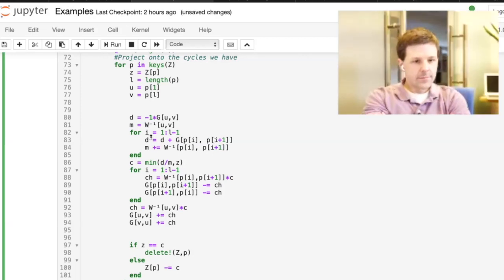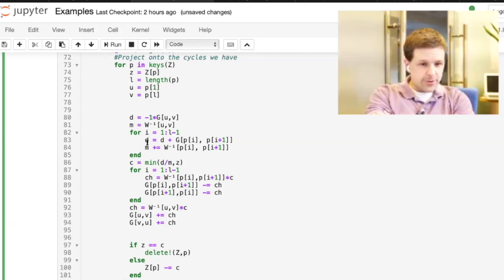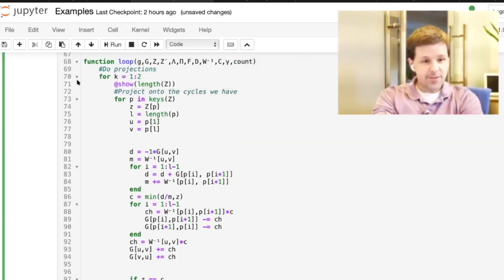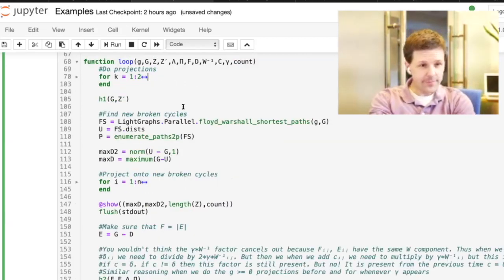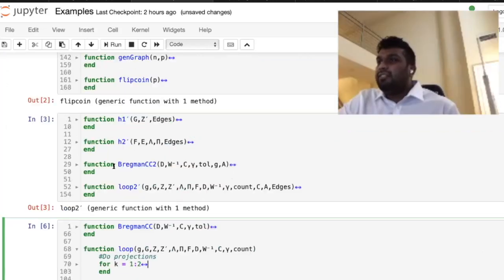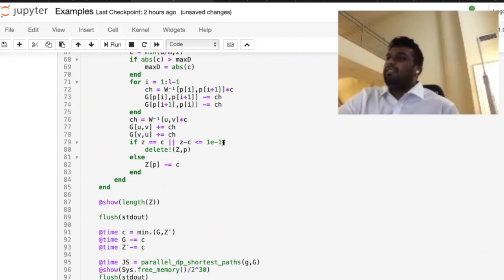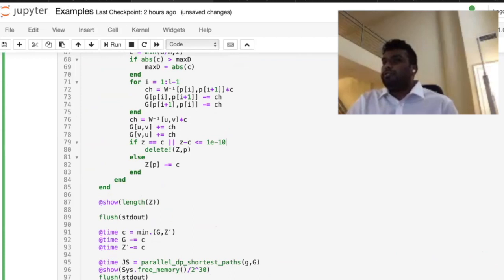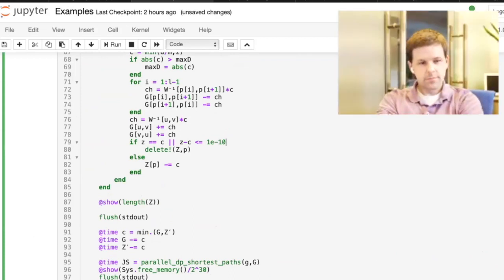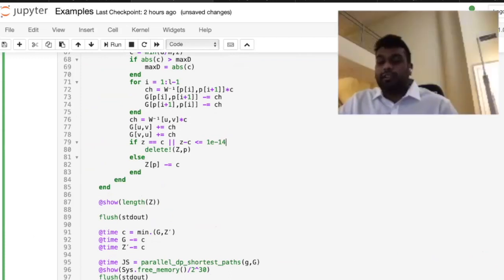That augurs well for all sorts of different scenarios, especially in floating point. Yes, and like I said, I have this tolerance over here. I've made this smaller, like that, and it still converges. It's not exactly optimal, but it's close.